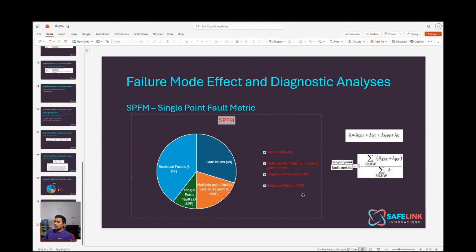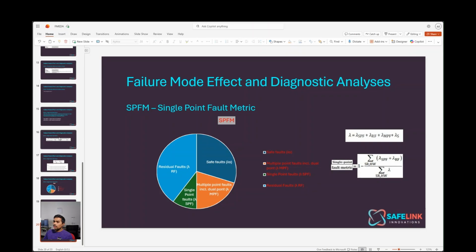What that means is this term, SPF plus RF divided by lambda, is about 50%, which is 0.5. And 1 minus 0.5, we get a single point metric of 0.5, which is 50%.